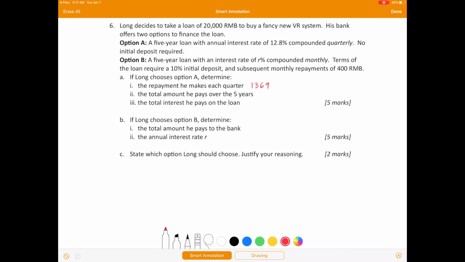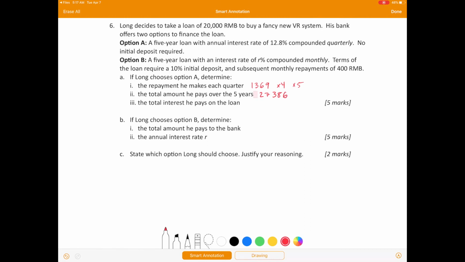So then to get the total amount he would pay over the 5 years, you take that, you multiply it by 4, because this is each quarter he needs to pay 1369, so multiply it by 4, that'll give you 1 year, and then you multiply that by the number of years, which is 5 years, and you should get the total, which then would be 27386.